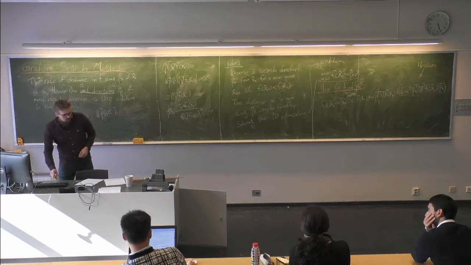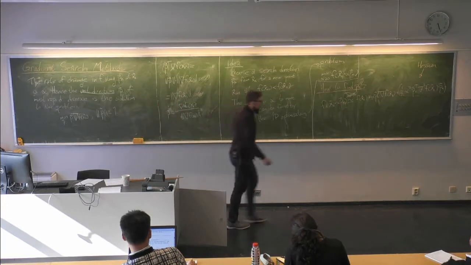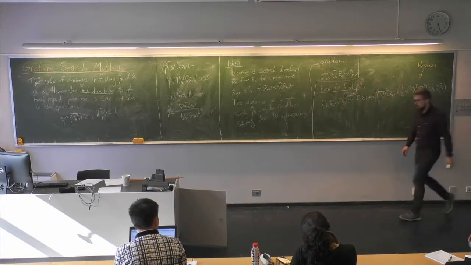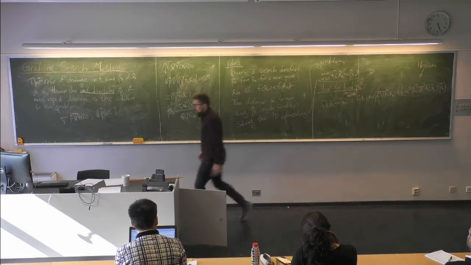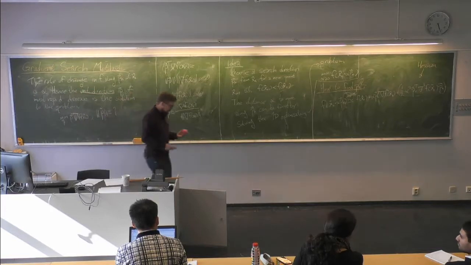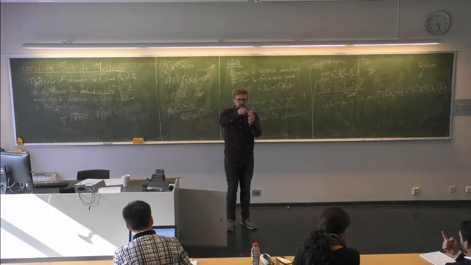Okay, so do I have something I can use here? Maybe a cup. Do we have a ball? Cool. So if you're at the point here, then we can have the gradient. That's just a tangent line.